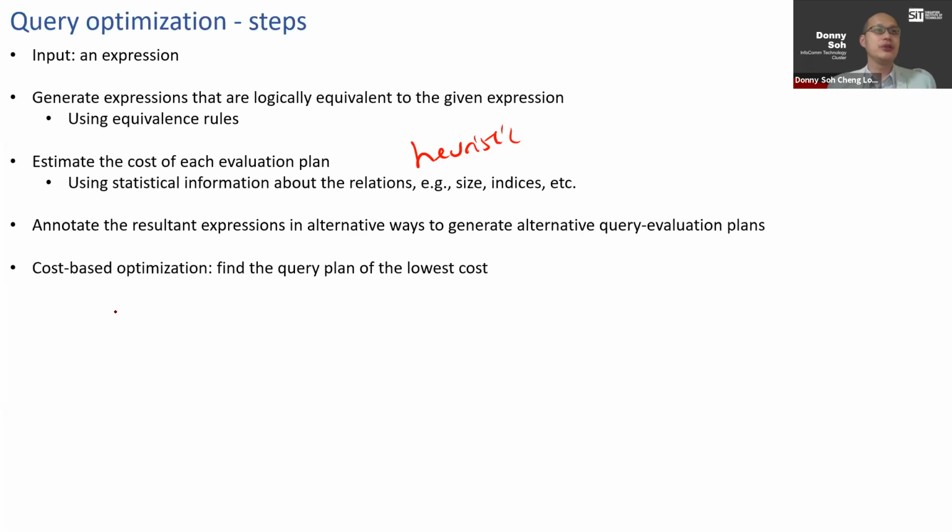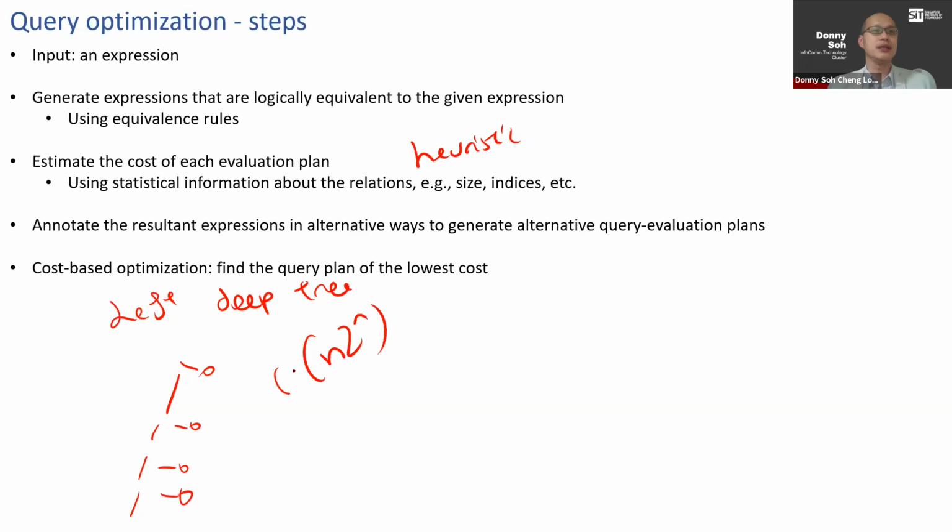Actually, if we use what they call a left deep tree to generate out the best plan, it's still going to be big O of n to the power n. If it's a bushy tree, it's going to be 3 to the power n.